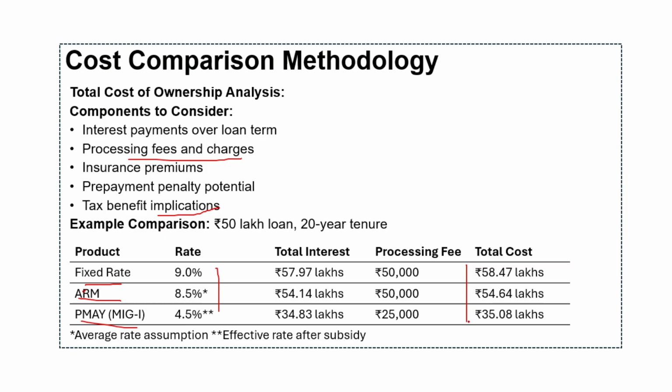So we can see that the 3.3 lakh difference between fixed and ARM loan over 20 years represents nearly 8% of the original loan amount. PMAY subsidized rates create 23.39 lakhs saving compared to standard products, illustrating why government programs eligibility should be thoroughly evaluated.